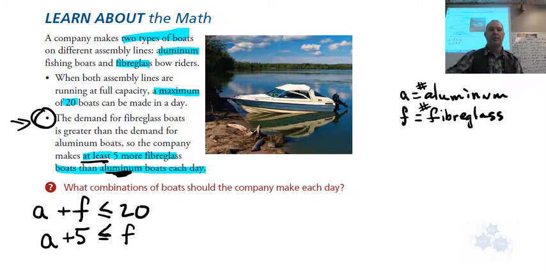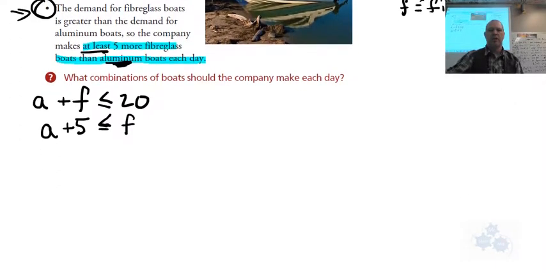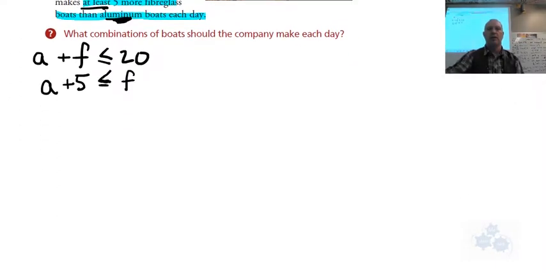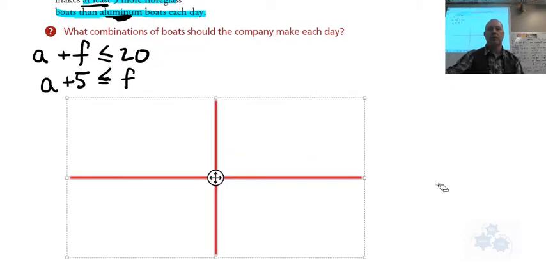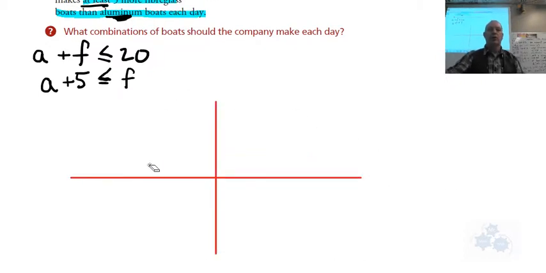And now we're going to graph those. So put a coordinate plane in your paper here. You could probably just focus on quadrant 1, because we do have restrictions. A has to be greater than or equal to 0.